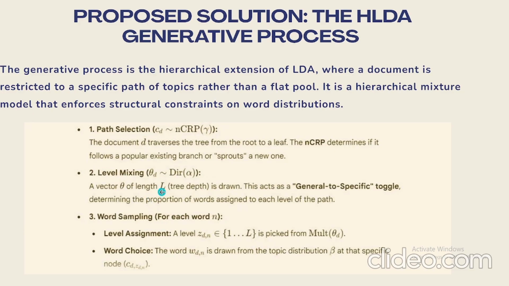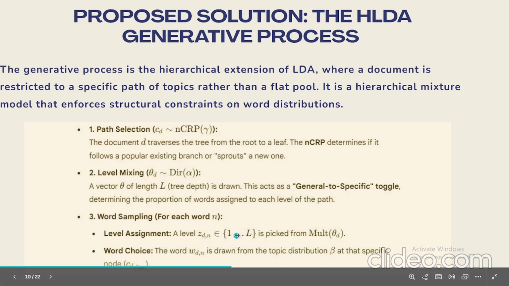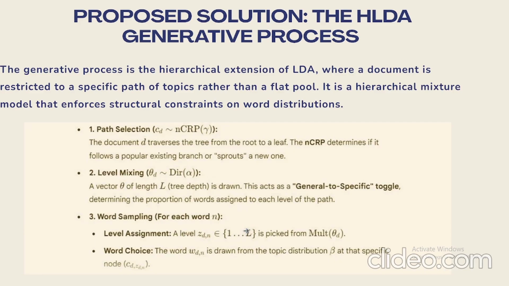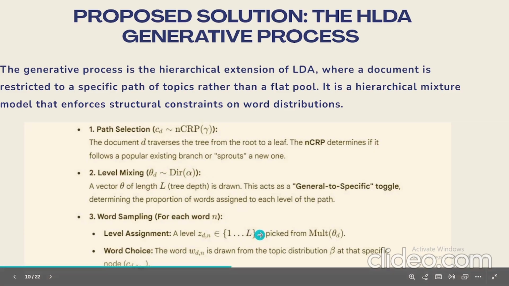Basically, we draw a vector theta, which is our distribution vector, which describes how many words belong to different levels of the tree. The third step is word sampling. It means that for every word we pick a level, and then we go to that topic node of that level on our chosen path, and we pick a word from that node's dictionary.